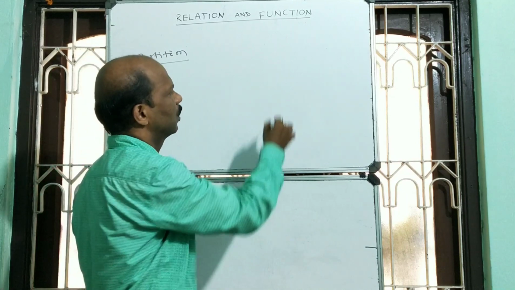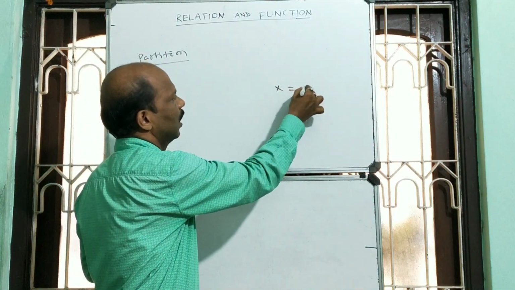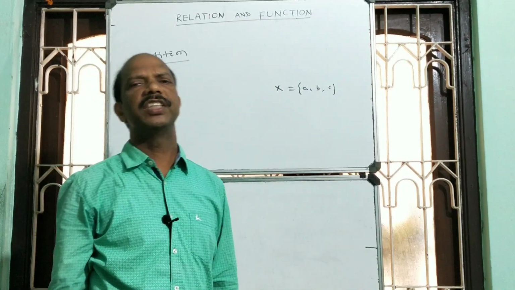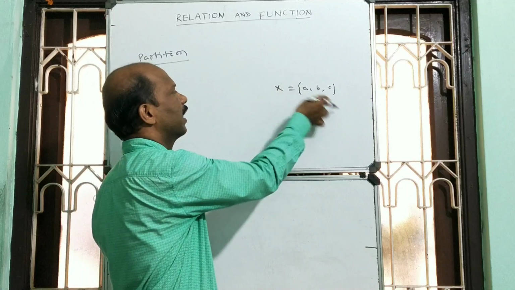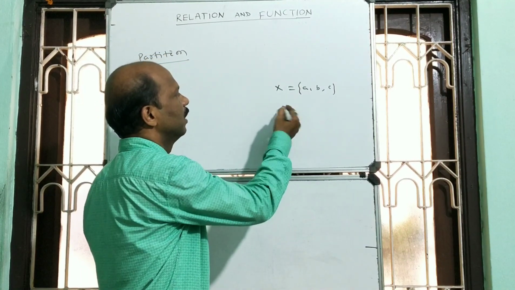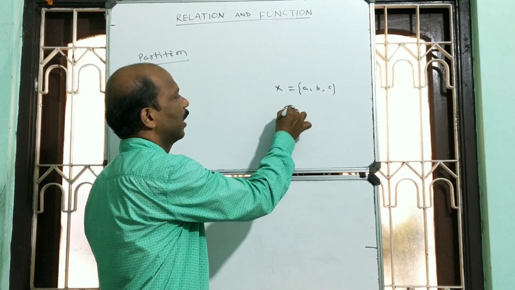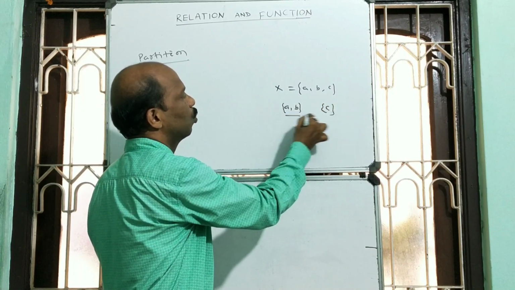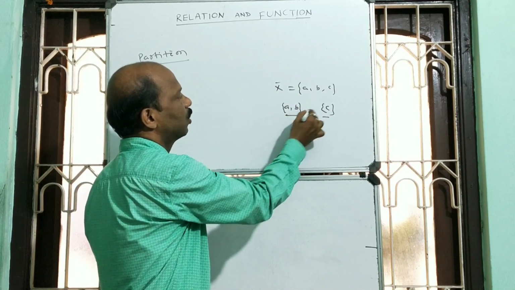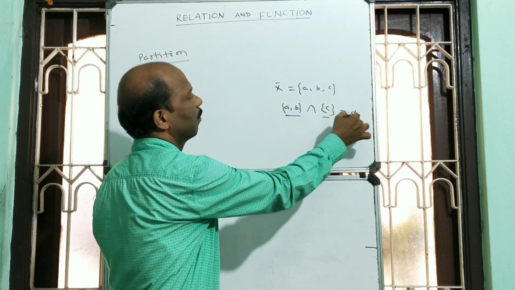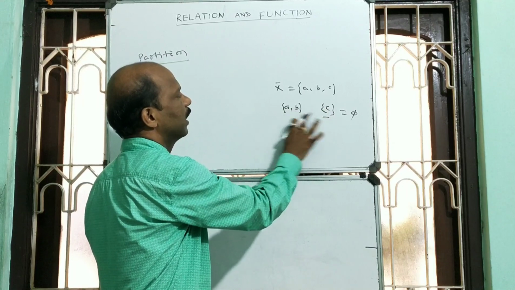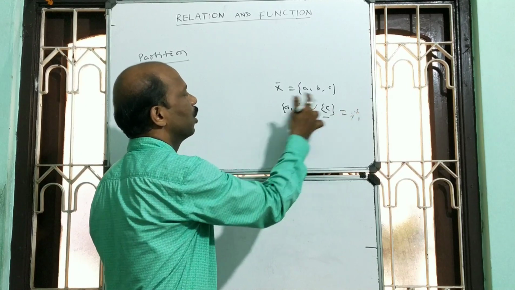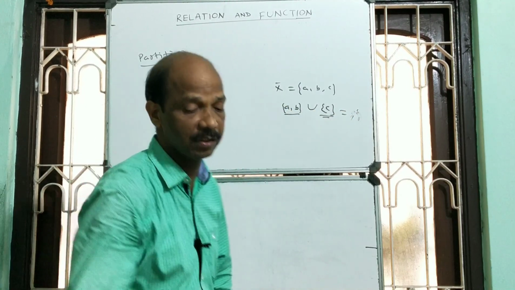Partitions means, suppose X is any set containing a, b, c, then a partition of X is a collection of disjoint subsets of X and their union must be equal to X. That means, suppose we form {a, b} is a subset of X, {c} is a subset of X, and the intersection of these two is equal to phi. Then we say that their union is equal to X, and these two are partitions of X.